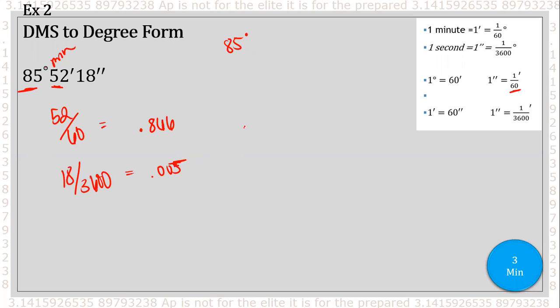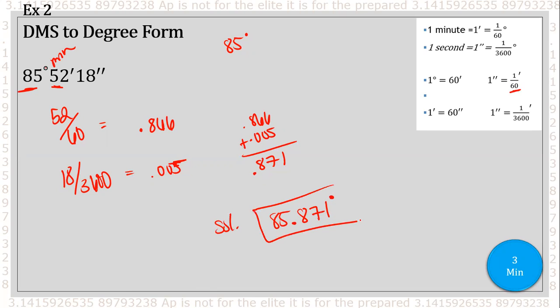If I add this 0.866 plus 0.005, I saw that this should give me 0.871 as my decimal place. So my solution should be 85.871 degrees.